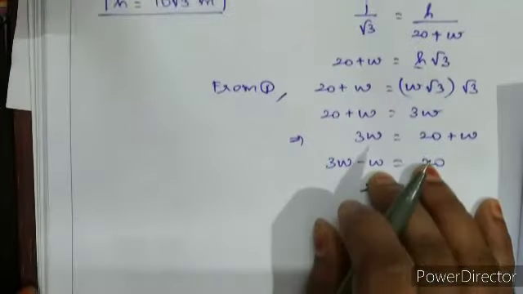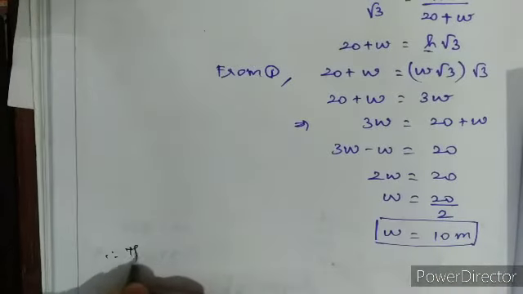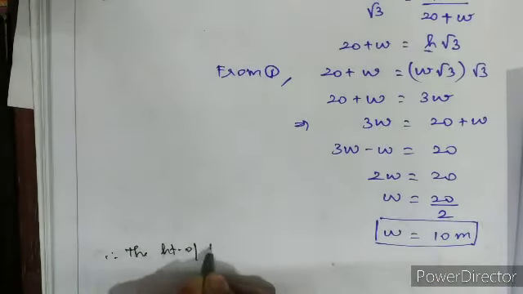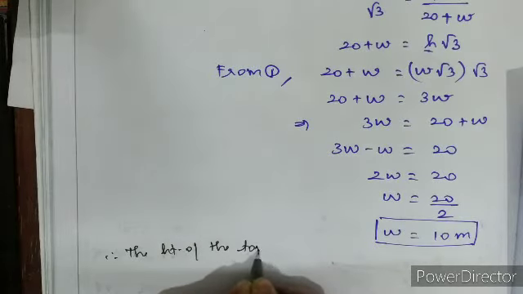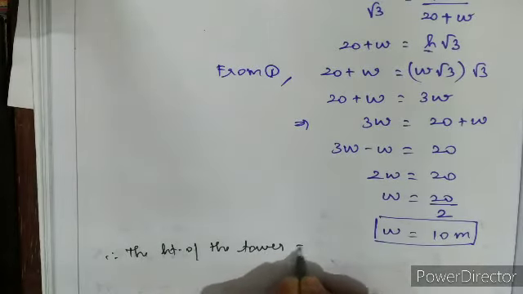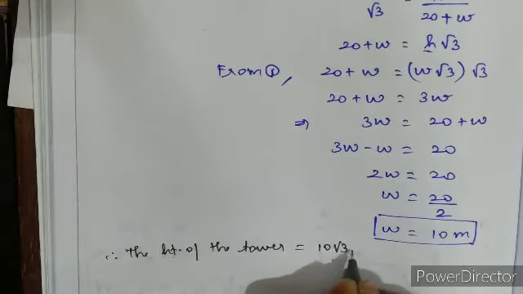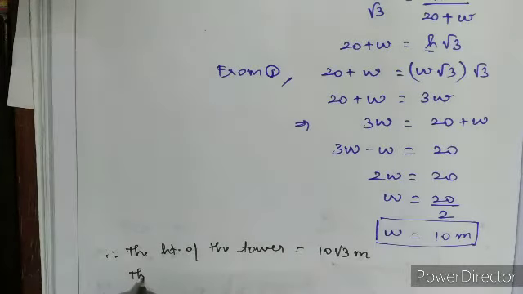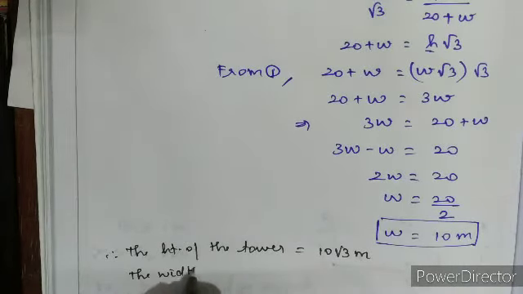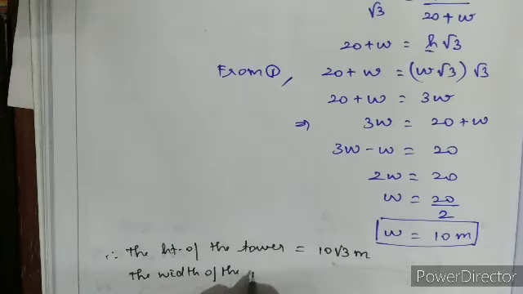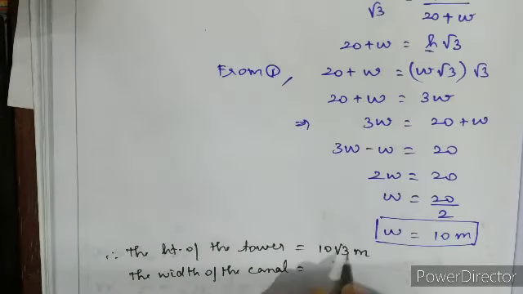So I am going to conclude: therefore, the height of the tower is equal to 10 root 3 meters and the width of the canal is equal to 10 meters.